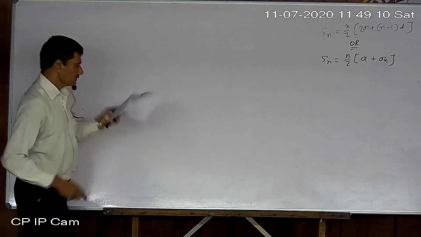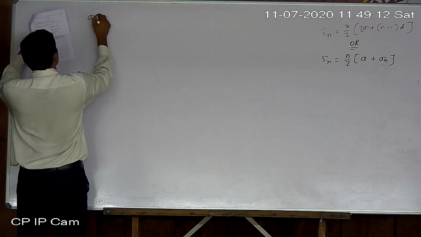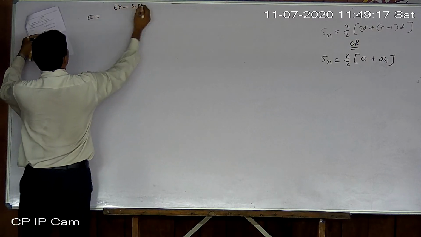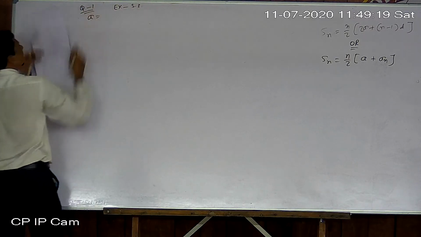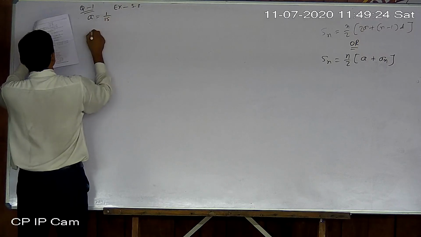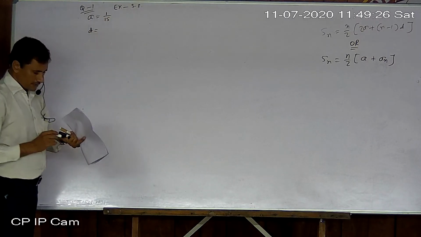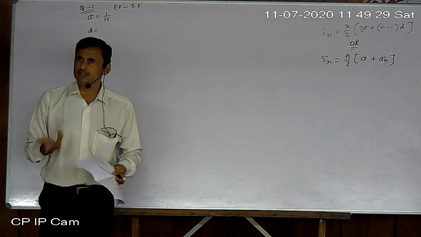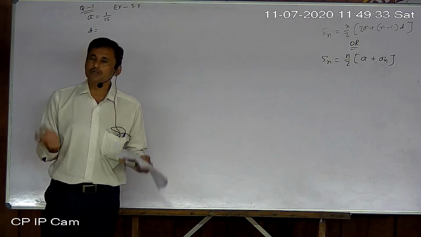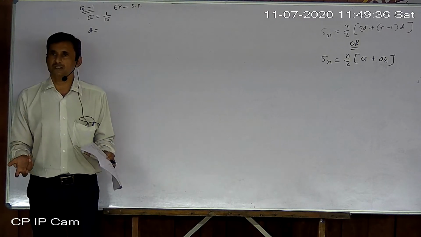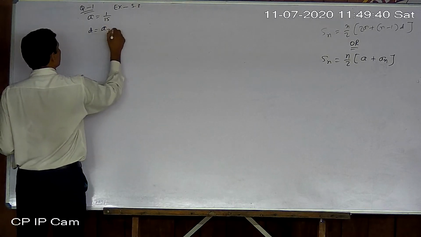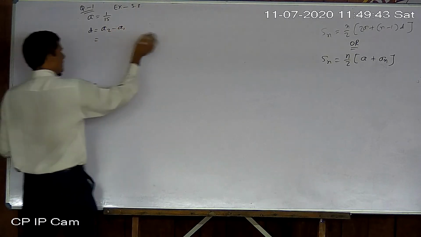Now suppose Exercise 5.3, Question 1. a equal to 1 by 15. b equal to, I don't know, I cannot say. Whenever fractions or even negative numbers are there, and I am not able to find orally what the difference d is, at that time I always find d by a2 minus a1, meaning second term minus first term.